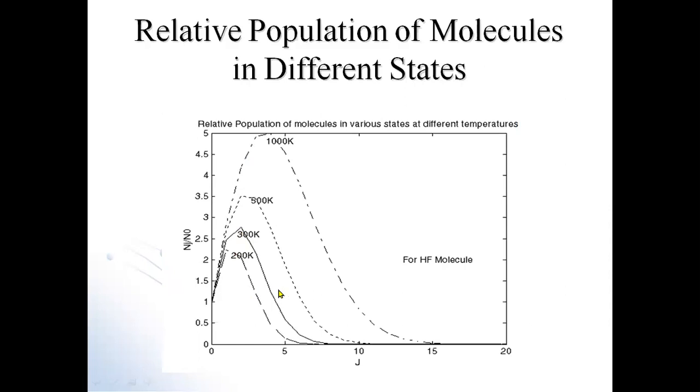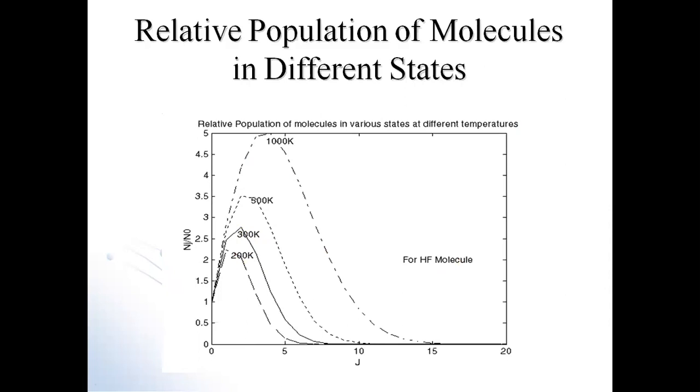So if you see at 300 degree Kelvin, for the HF molecule at room temperature, your rotational quantum number, if you draw a normal graph, you will find almost 3. So quantum number 3 is highly populated.